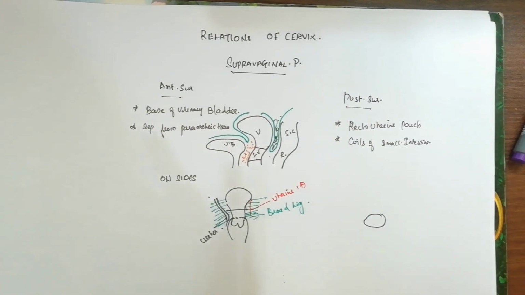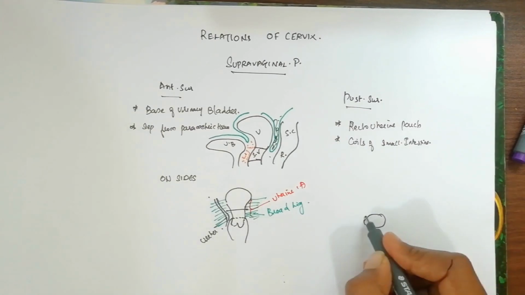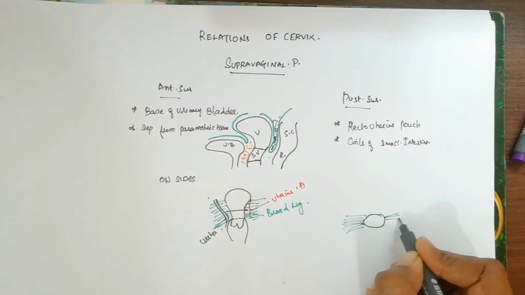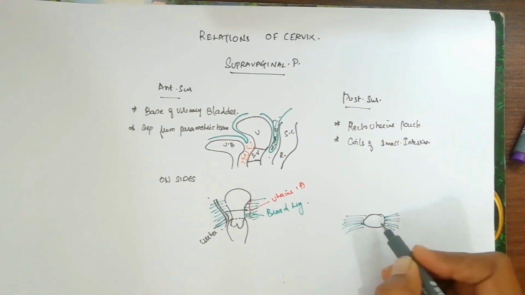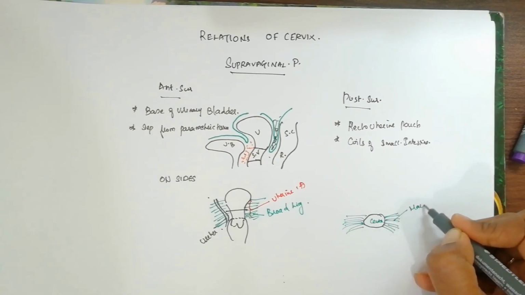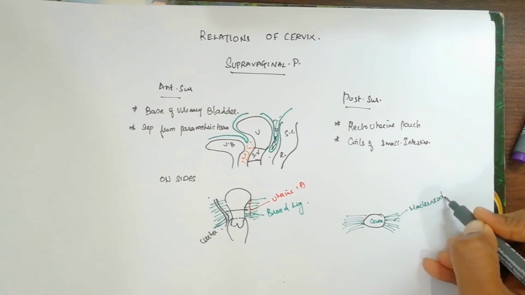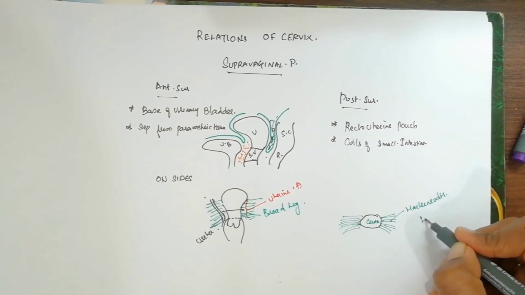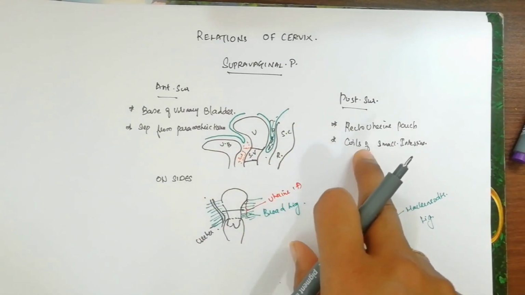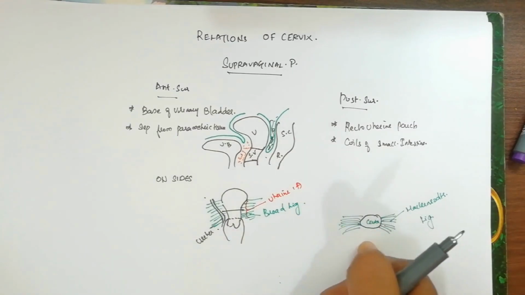Just near the cervical region, we have another band of ligament extending, and that ligament is known as Mackenrodt's ligament. So this is again an important feature of the cervix. About the cervix, the supravaginal part, we have seen the anterior surface, posterior surface relation, and the side relation now.